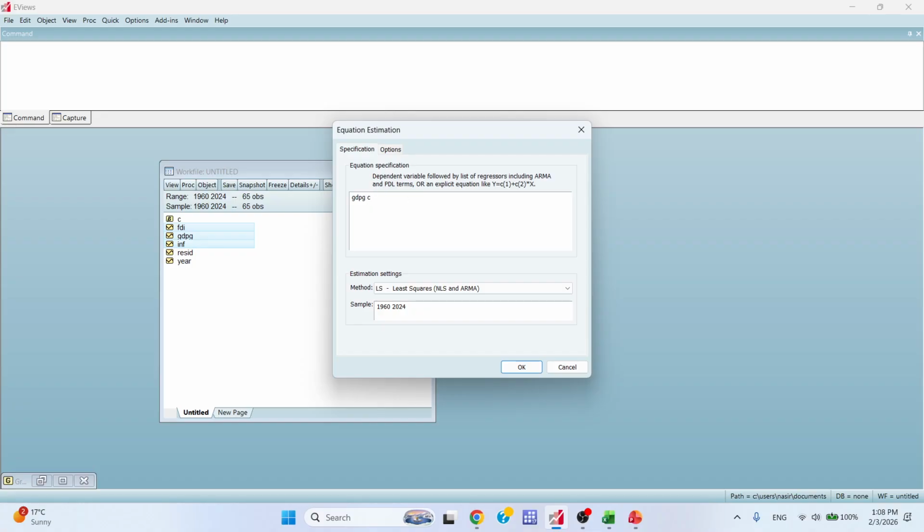So GDPG C, the constant, AR(1), then FDI, and the lag of FDI. This -1 shows that we are taking the lag of our independent variable, one lag. So -1 means we are taking one lag. If you want to include more than one lag, like 2 or 3, you have to enter 2 or 3 here.